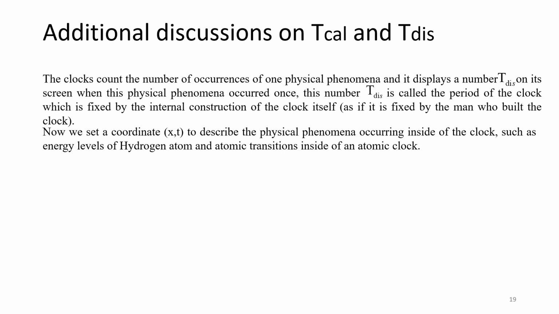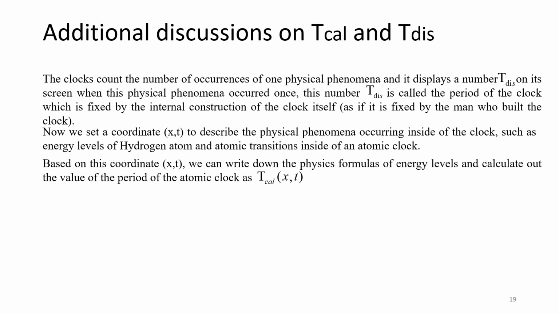Now we set a coordinate x, t to describe the physical phenomena occurring inside the clock, such as the energy levels of the hydrogen atom and atomic transitions inside of an atomic clock. Based on this coordinate x, t, we can write down the physics formulas of energy levels and calculate the value of the period of the atomic clock as T_K(x, t).